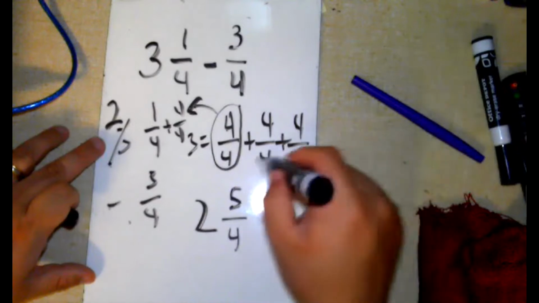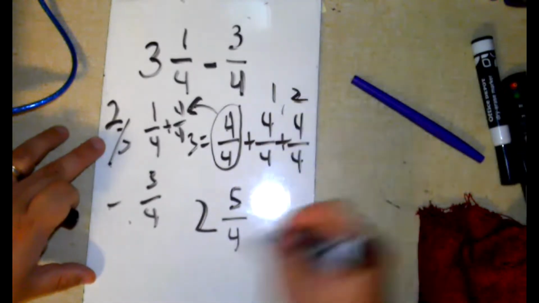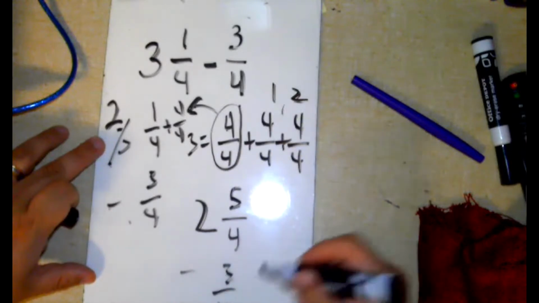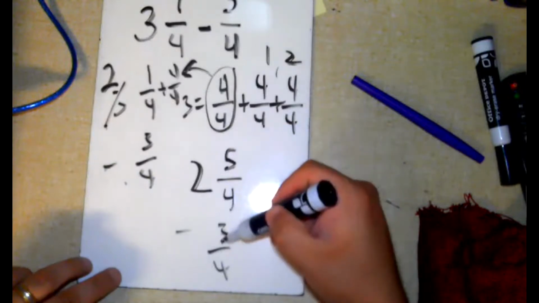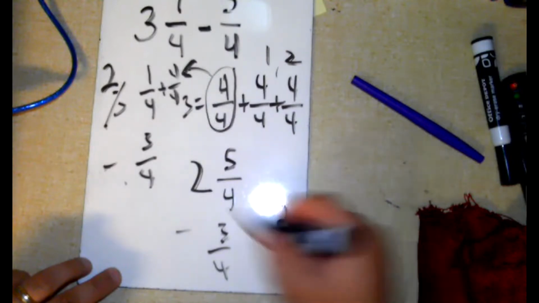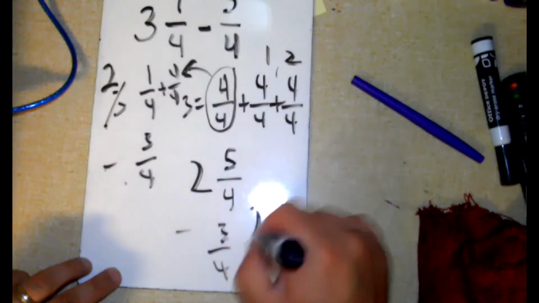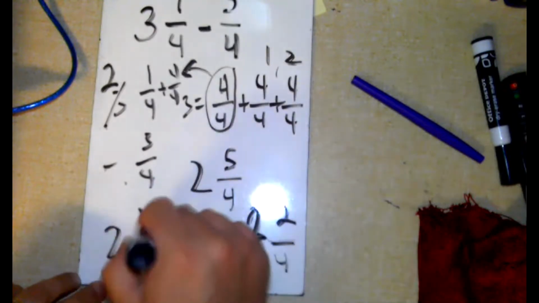Still a 2 because this is 1, 2. And I'm going to subtract 3/4. Now can I subtract this? Yeah, because 5 is greater than 3. What's 5 subtract 3? 2. Now keep our denominator, 4, and keep our whole number, 2. So 2 2/4 or 2 1/2.